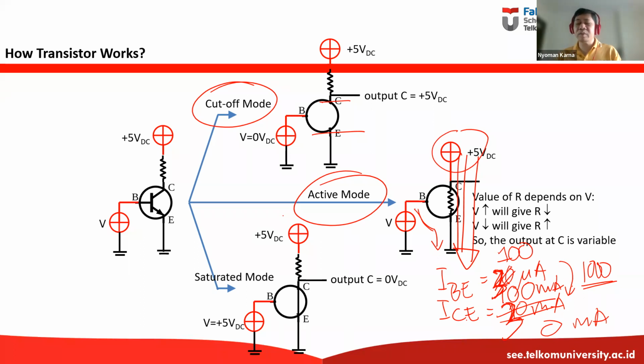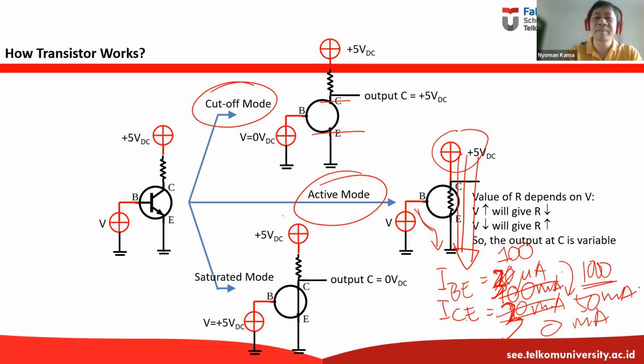There will be a maximum current moving from the collector to the emitter. Because 100 milliampere is more than the threshold, it will be cut to become the maximum, let's say 50 milliampere.